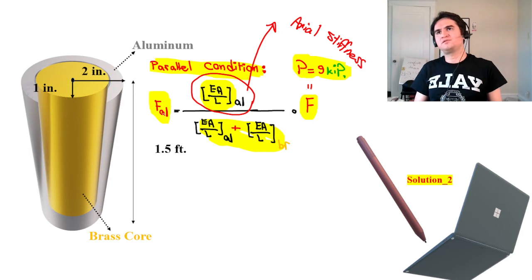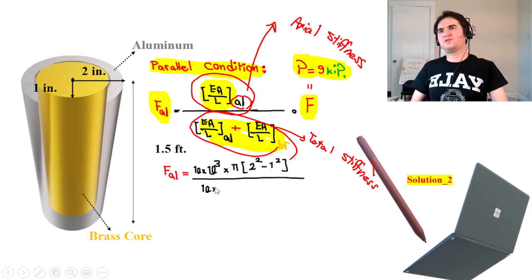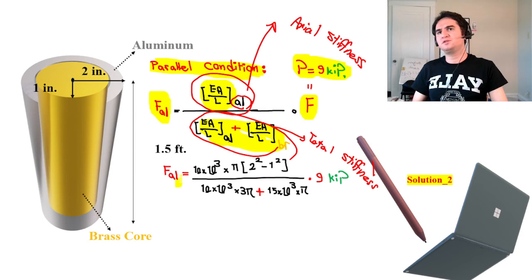For the force of aluminum, definitely you need to put the aluminum stiffness in the numerator, and in the denominator we have the total stiffness. Just by knowing this fact and developing this equation, and just replacing the numeric values for the force of aluminum, it gives you a numeric value of what?